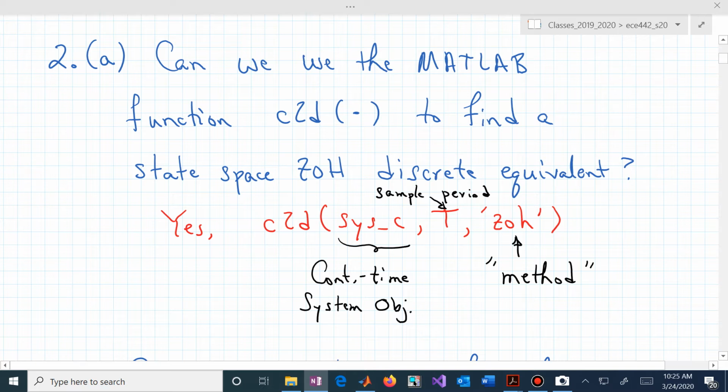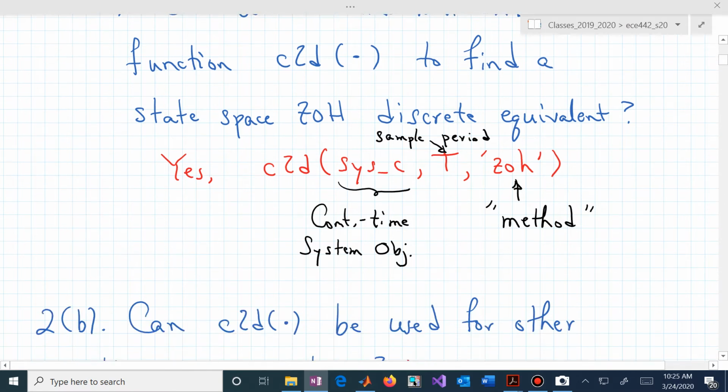The second argument is the sample period T, and we'll talk a little bit about what's reasonable there. And the third argument is the method, which you want in single quotes to be, in this case, 'zoh', or the zero order hold equivalent.